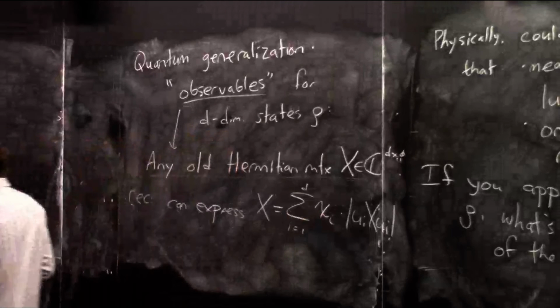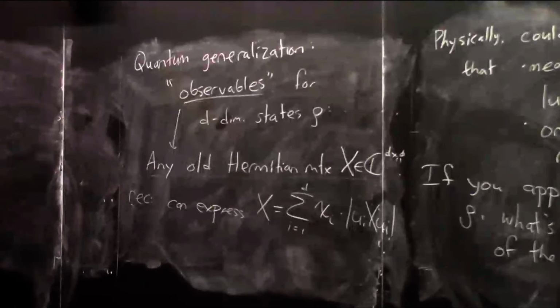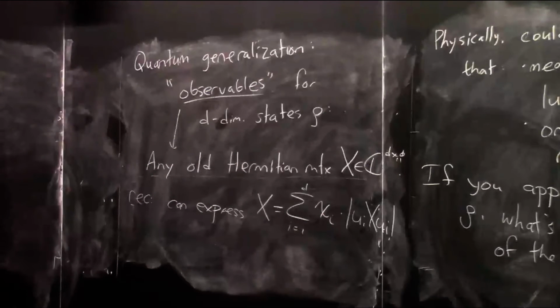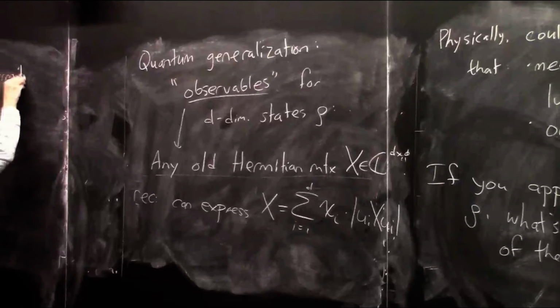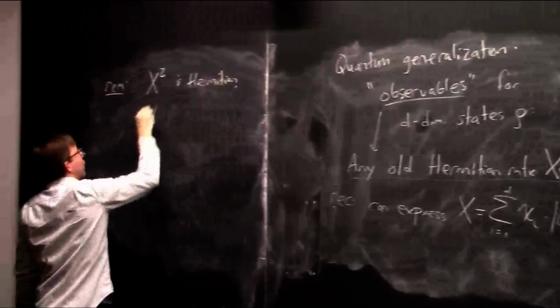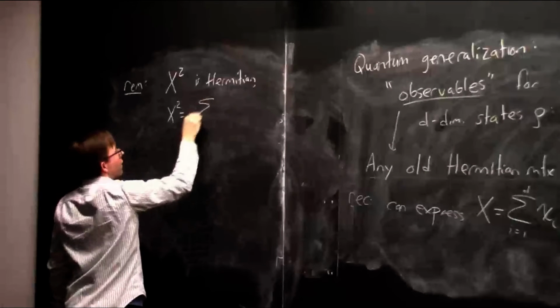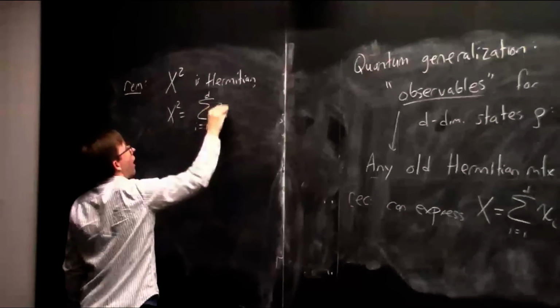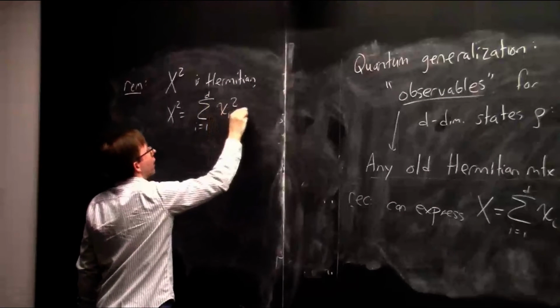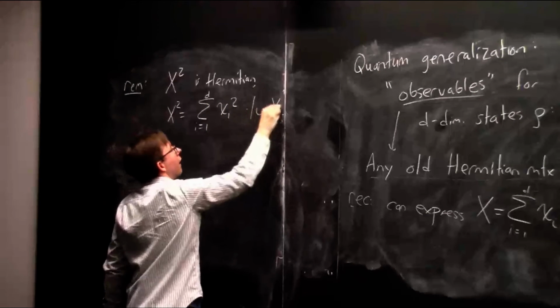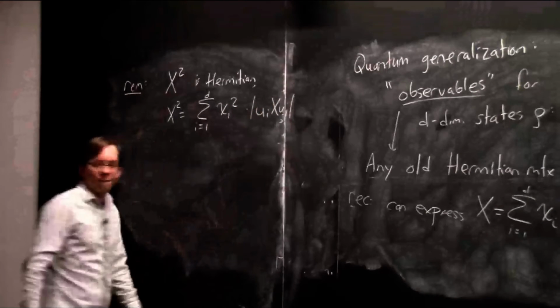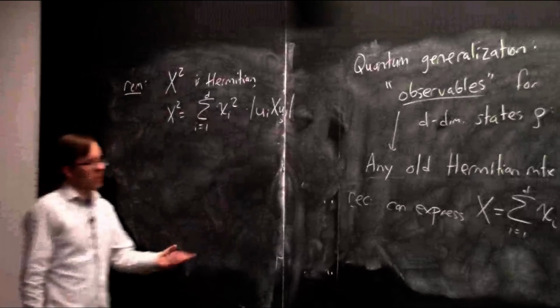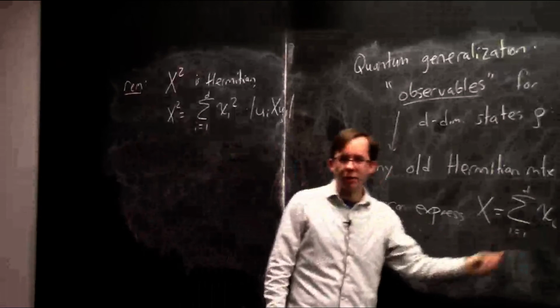So all of which is to say, this is Hermitian, and you can write it like this: the sum from i equals 1 to d of chi i squared times the projection onto u i. You can also get that just by squaring this and doing some linear algebra.